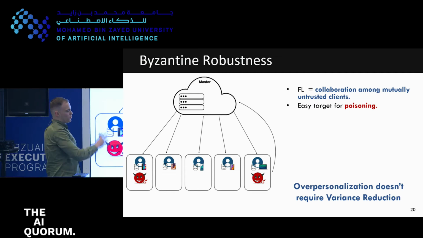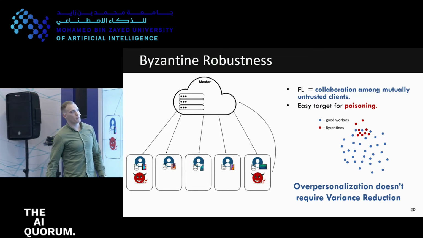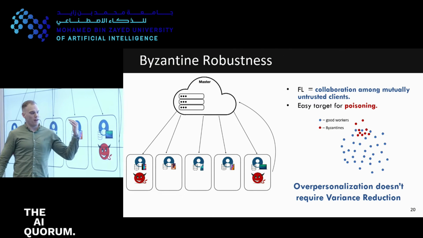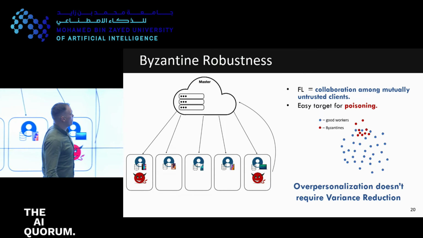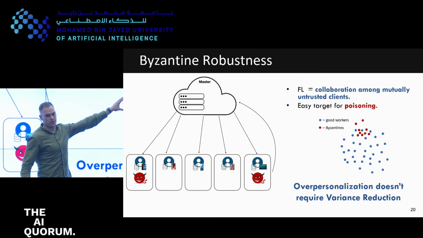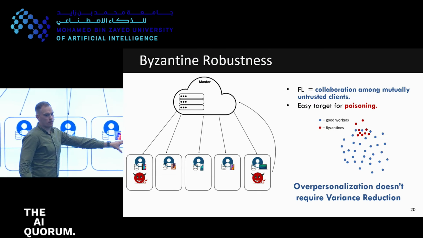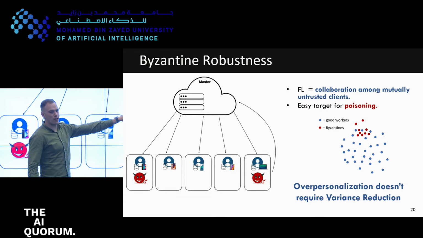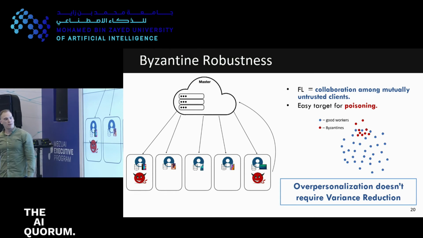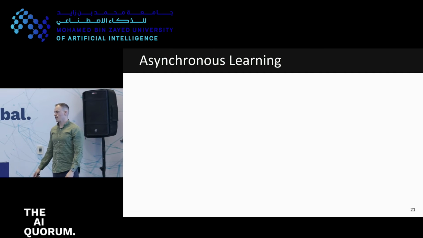But if you do personalization right, then we can show that you can run just a standard Byzantine robust algorithm, and your Byzantines cannot simply hide in the noise. Once you have personalization, you don't need momentum, you don't need any variance reduction, and you get the right benefits. The same goes for asynchronous learning that Eric was talking about.